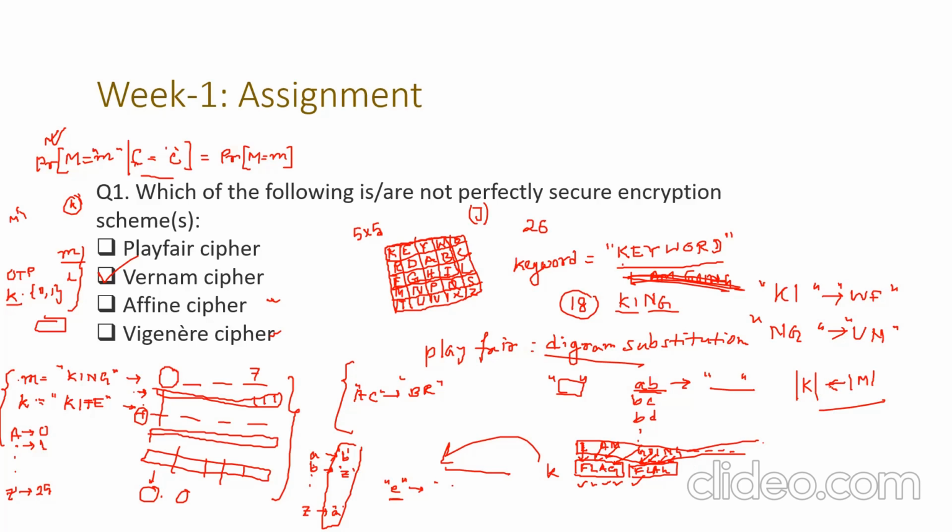Rather, in Shannon's theorem, you get that the message, key and ciphertext spaces are the same, right? That is a necessary condition for achieving perfect secrecy, which is clearly not satisfied here. So basically, among all these four options, this is the only perfectly secure cipher.